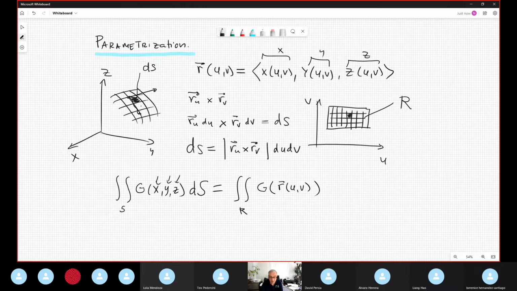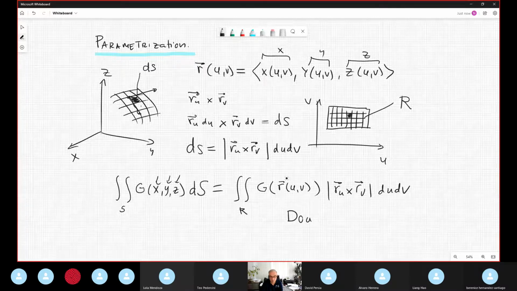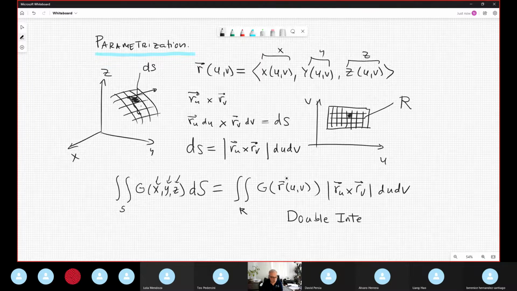The formula is the magnitude of the cross product of this and this, du dv. This is a double integral, and this is the surface integral.